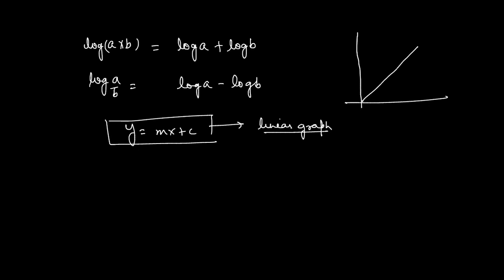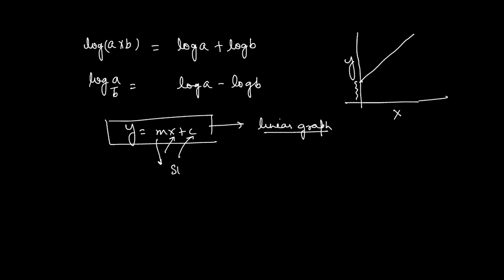The value of y goes on the vertical axis and x on the horizontal axis. c is the intercept, so whatever the value of c is, from that point the graph is going to start. For example, if c is 3, the graph starts from 3 this way.